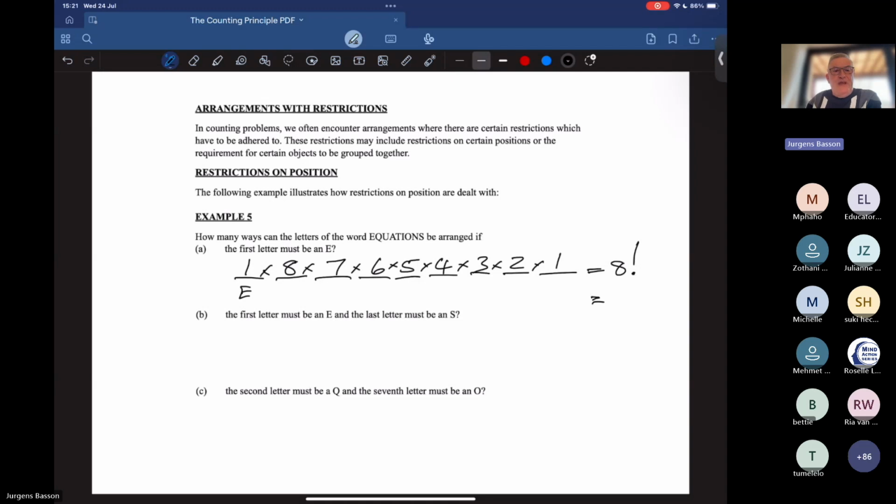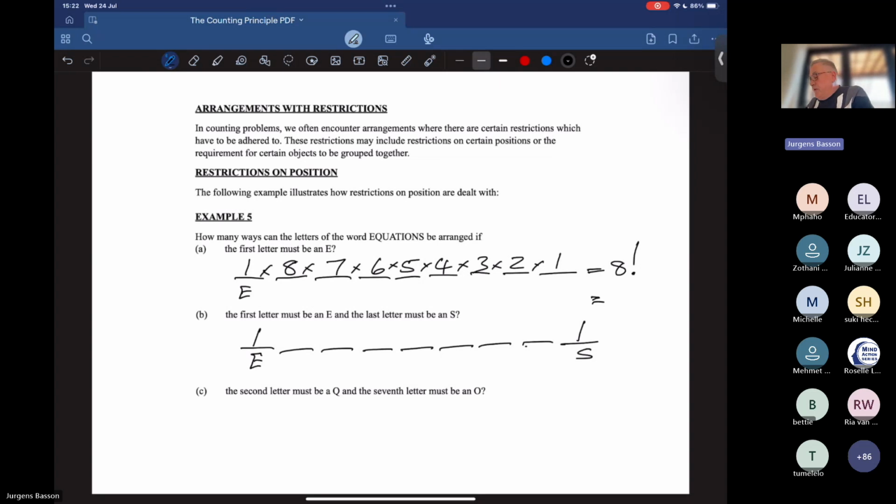If we look at B, I say first letter is E and the last letter is S. So I'm going to draw my 9 lines again. And now first position is restricted. Last position is restricted to S. And first position will be 1. Last position will be 1.